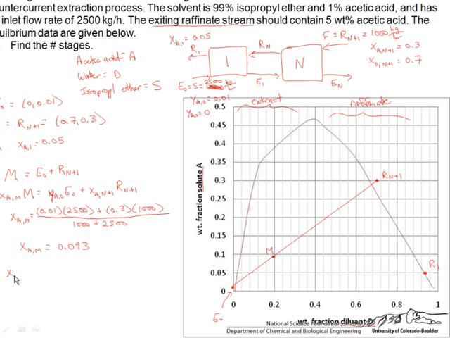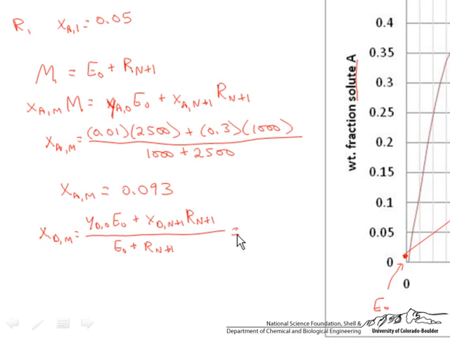So XDM equals YD naught times E naught plus XD n plus 1 times Rn plus 1 over the mixture, which is E naught plus Rn plus 1, and that equals 0 times 2500 plus 0.7 times 1000 over 1000 plus 2500, and that equals 0.2.